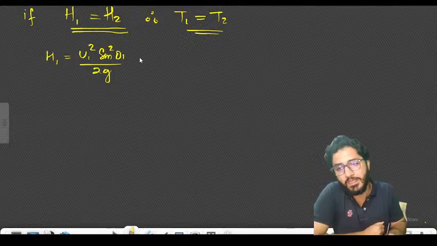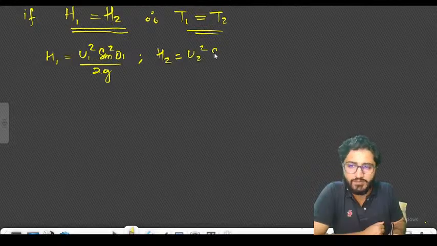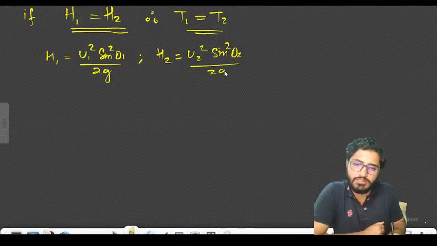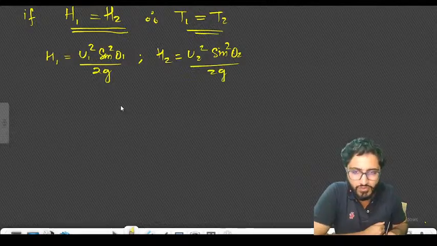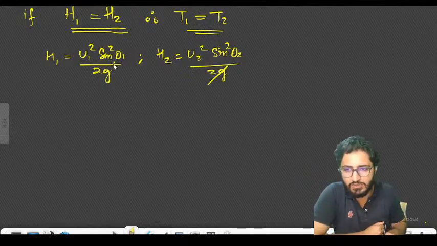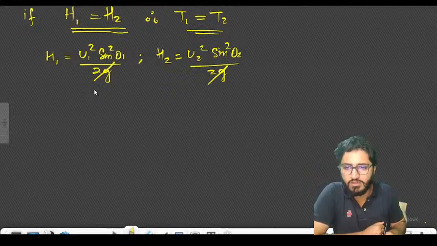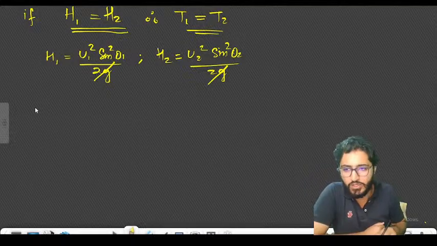This will be the height. What is h2 now? h2 is u2 square sin square theta 2 divided by 2g. Take the ratio of these two things. Look now, 2g cancels out.